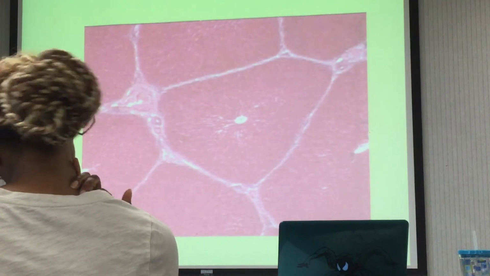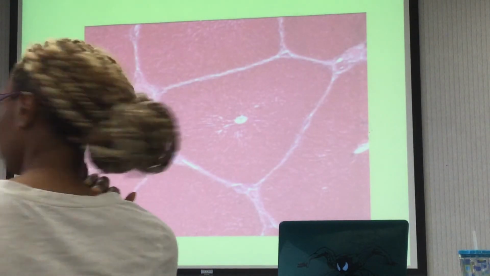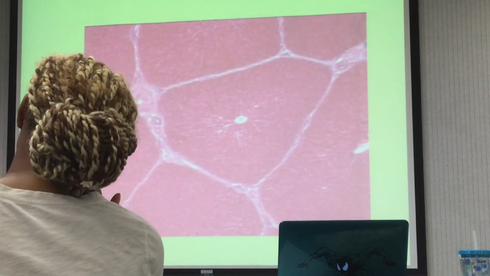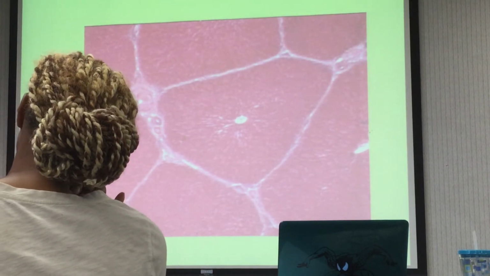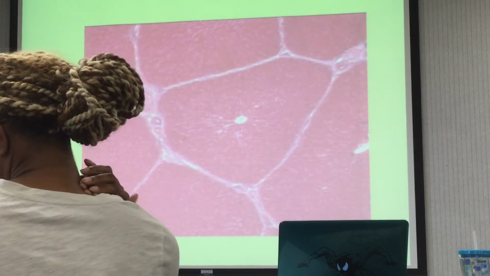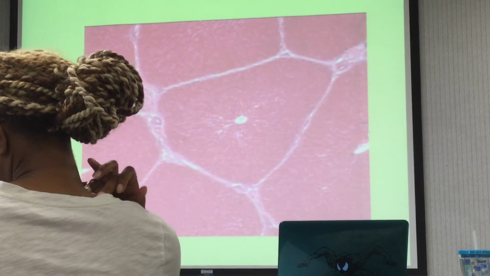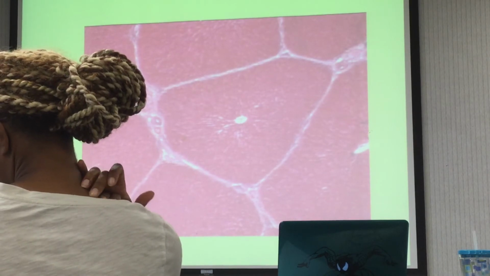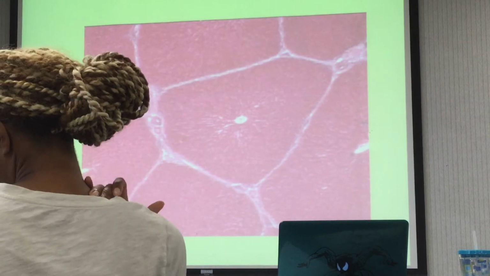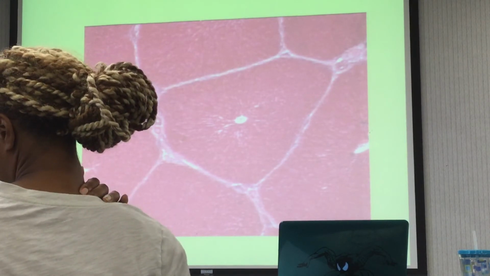Yeah. And I would ask you, what is the hepatic portal vein? What kind of blood does it have? It is blood which is poor in oxygen and rich in nutrients. The hepatic artery has blood which is rich in oxygen, and there is a branch of the bile duct. And bile is produced in the liver.